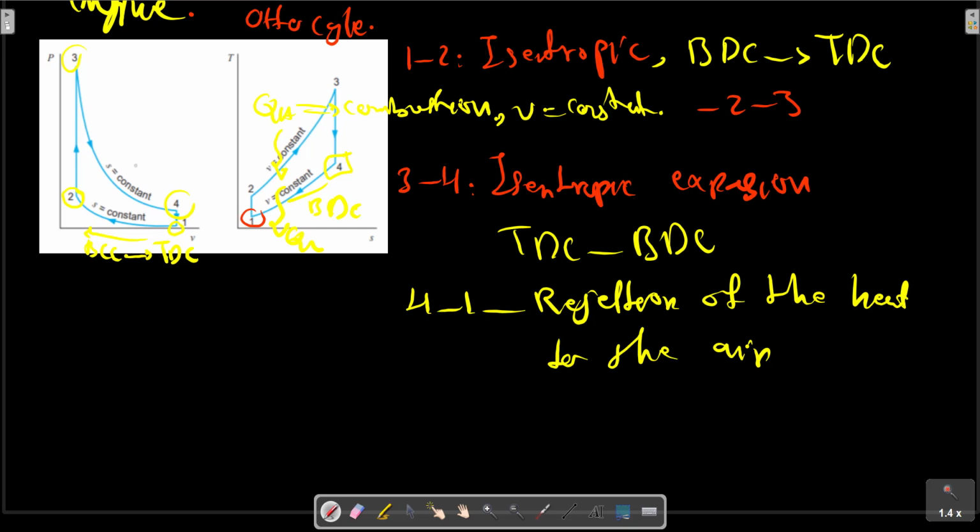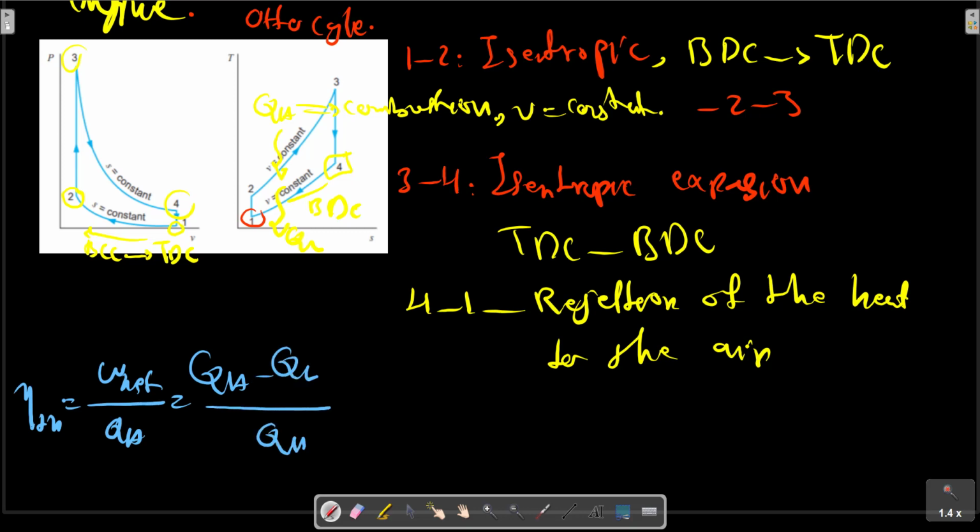The thermal efficiency of this cycle is found as follows. Thermal efficiency is W net on QH, which is QH minus QL on QH.